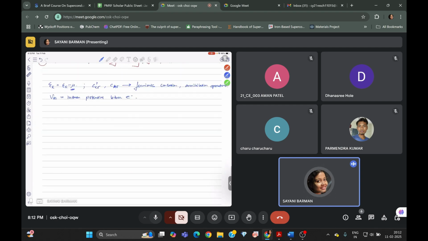Now we need to compute the expectation value. How can we write the expectation value? What will be the expression? Expectation value, we write it like this. Right. Now to calculate this term, we need one kinetic energy term and an interaction energy term.